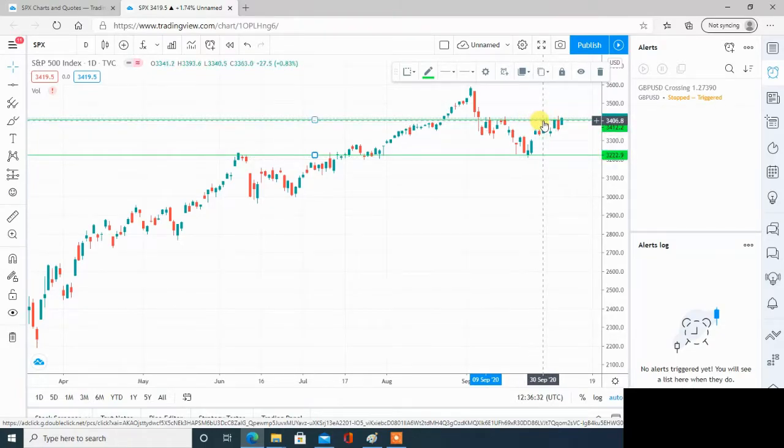A resistance line is essentially when a lot of traders are looking at the chart. There are three participants in a market: the longs, the shorts, and the guys on the sidelines. When price gets up to this level, longs think to themselves, okay, I've just made some profit, I want to get out. So they sell, and it goes back down to this level. Or they think, I bought in at this level, I've just made even, so I want to sell, and therefore it bounces back down.